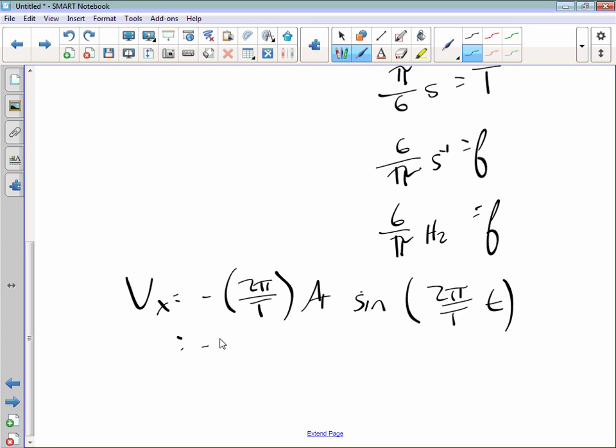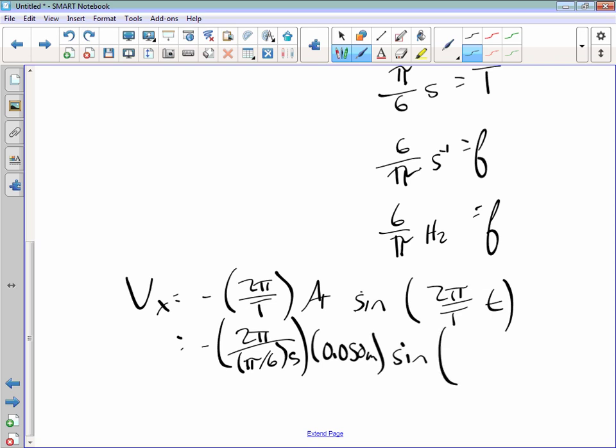So 2 pi over pi over 6 seconds is going to be that portion of our equation. The amplitude we know is 0.050 meters times sine of 2 pi over period again, so pi over 6 seconds, multiplied by time.